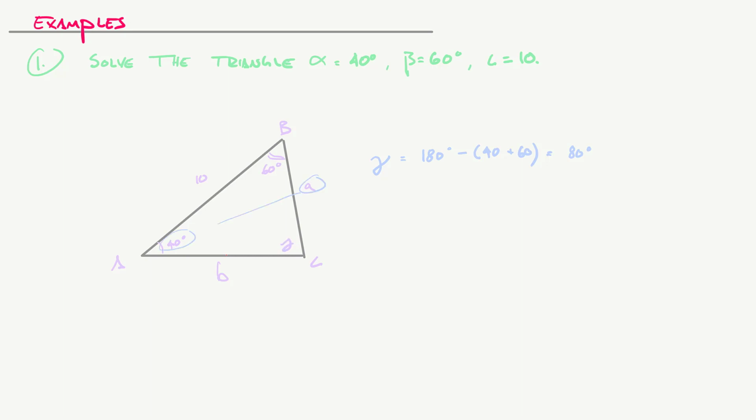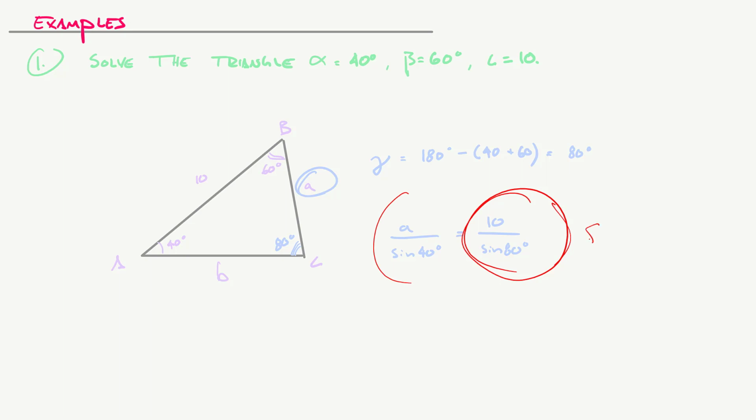So if we want to find A, notice that it's opposite the side of 40 degrees. So setting up the ratio, that's the thing that we linked, 10 over the sine of 80. Then that's equal to, just straight up, by the law of sines, A over the sine of 40 degrees. All you need to do to solve for A is multiply both sides by the sine of 40 degrees.